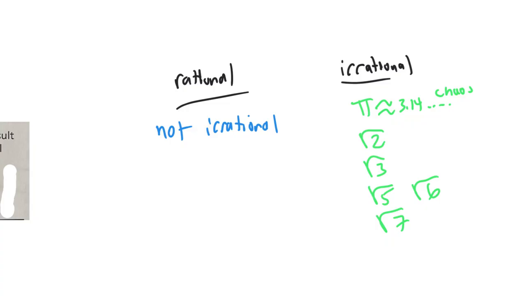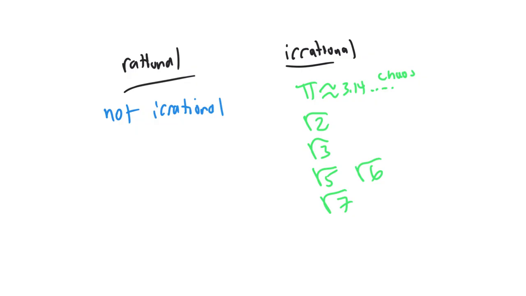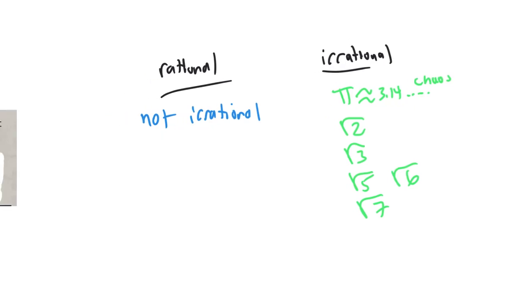So for now, just understand that irrational numbers very often are square roots of non-perfect squares, such that when you plug it into a calculator, it would pump out a number with decimals that go on forever, and there's no repeating pattern in the decimals. Now, in contrast, rational numbers are not like that.